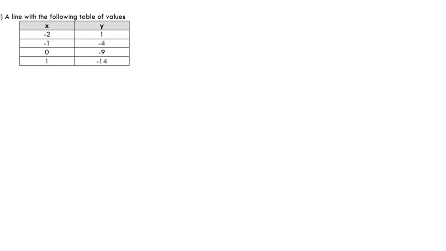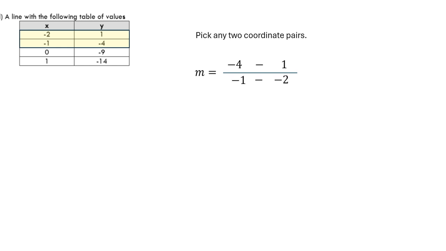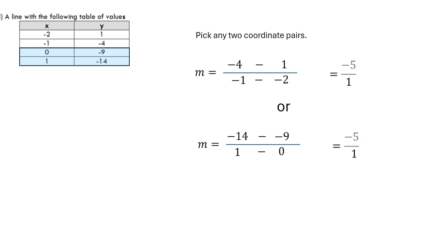I often use the term points and coordinates interchangeably, so don't let that confuse you, please. -4, subtract 1 over -1, subtract -2 gives us a slope of -5. -14 subtract -9 over 1 subtract 0 once again gives us a slope of -5.